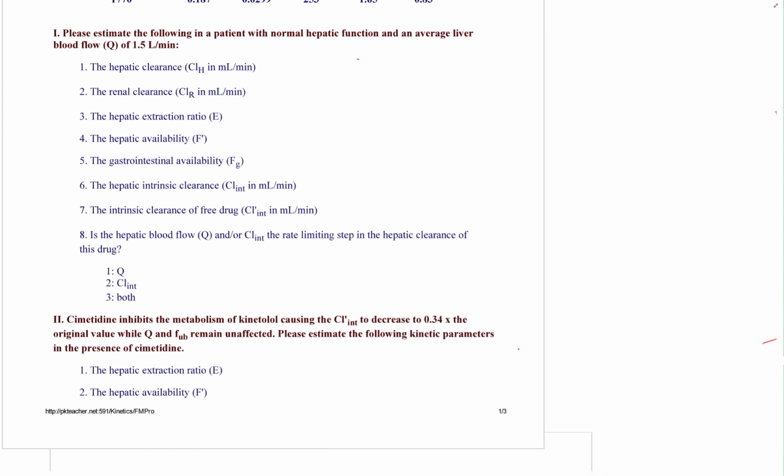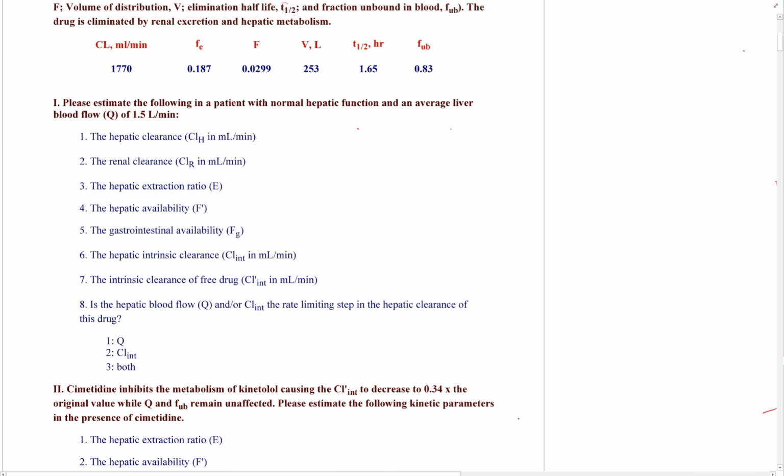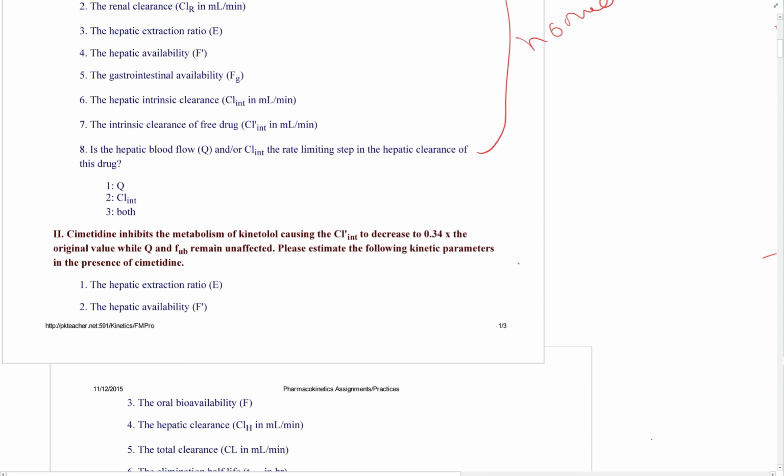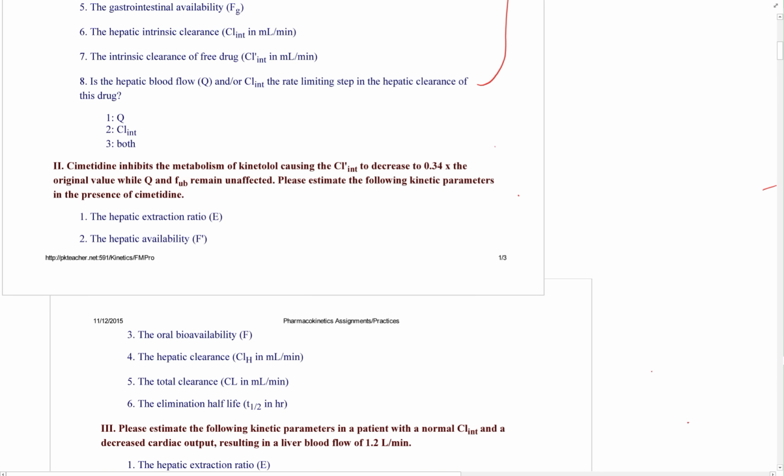So first, in this part we are talking about everything normal. You have to do some calculation of a normal individual. Now here it is talking about when an interacting drug inhibits the metabolism, how it changes the extraction ratio, hepatic availability, everything related to hepatic availability, hepatic clearance, and at the end how it changes the total clearance.